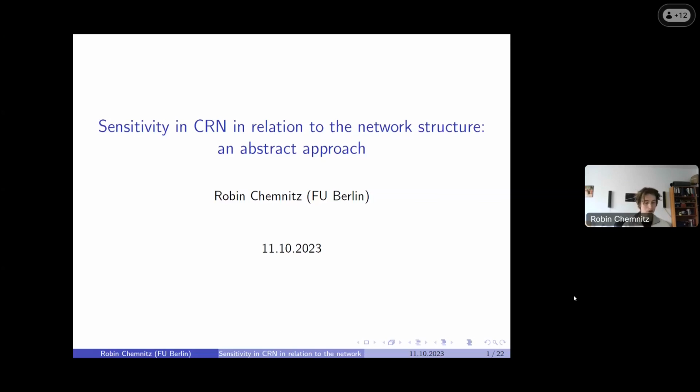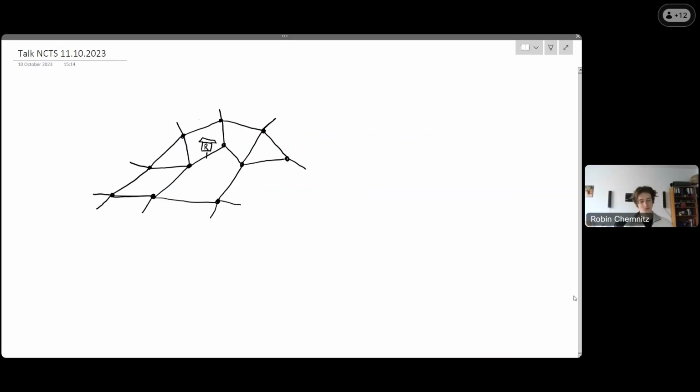And for that I will give an almost childish toy example. Imagine this would be some highway network. So maybe these dots are either cities or points where highways meet. And in between there are the roads. And within this road network you have a restaurant, which I marked with this little hut.